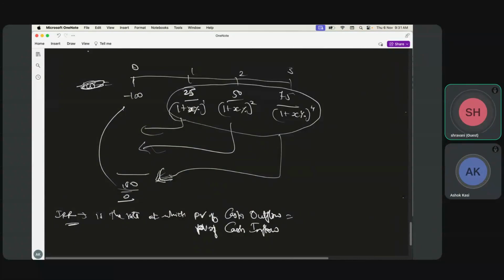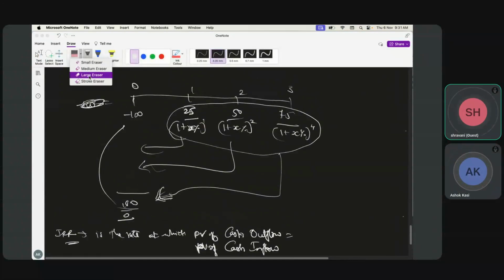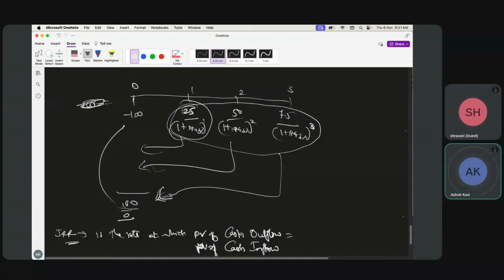So that means, let's cross check that. 19.43 percentage. Now you calculate the first one. What do you get? 20.93. Keep storing.